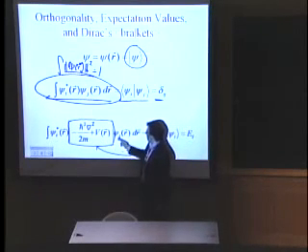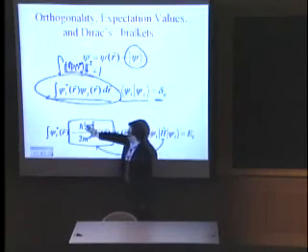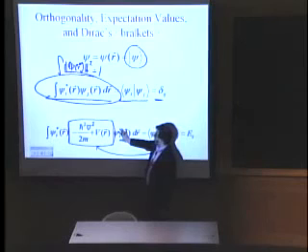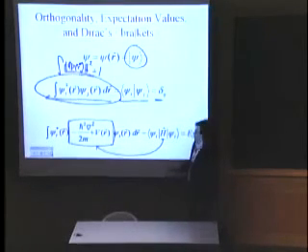So we know already that by the fact of this being the solution, applying this operator to this wave function is going to give me a constant times this wave function.